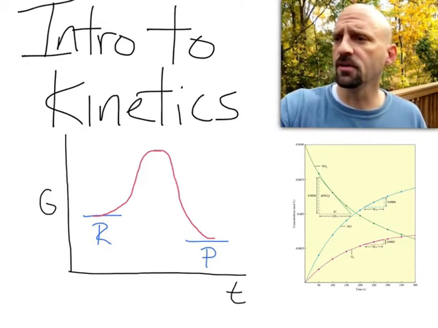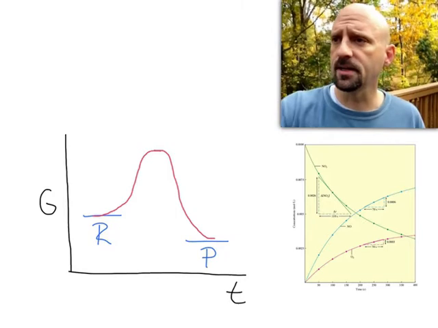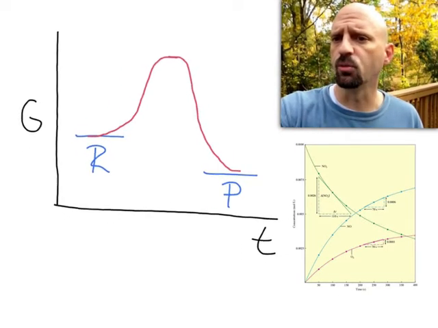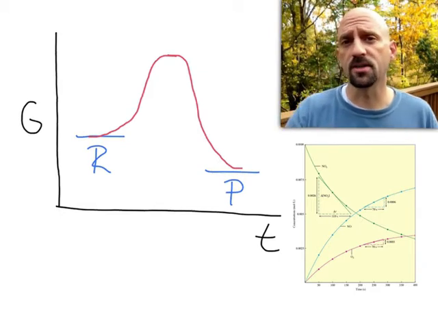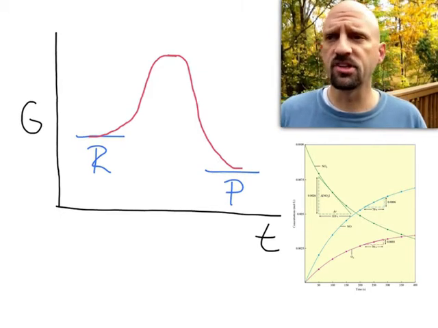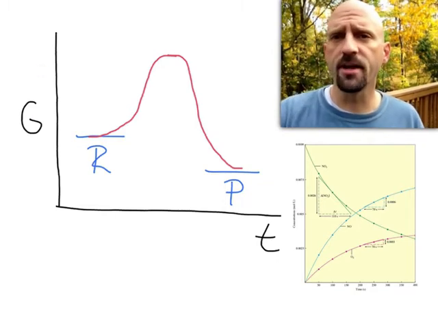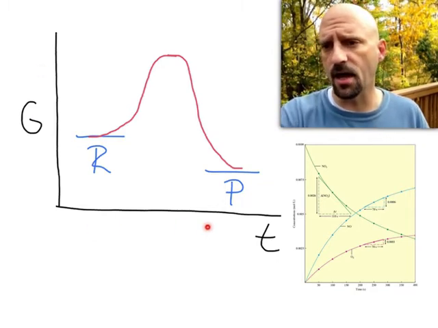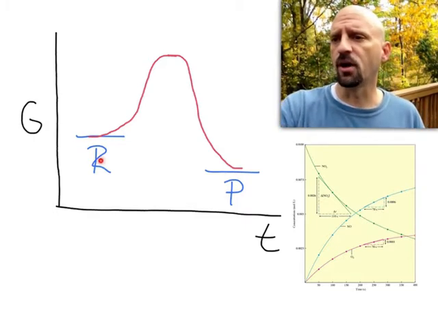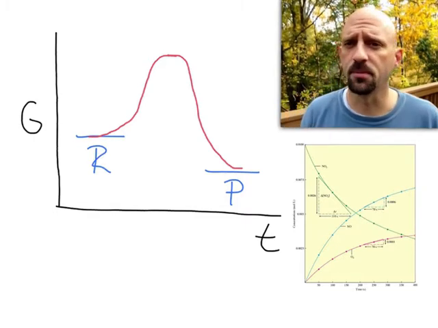Now, just to make a little space here, I'm going to go ahead and get rid of my title, and I'm going to zero in on this chart here, which we saw quite a bit when we talked about thermodynamics. So now that we understand thermodynamics, we have free energy on our y-axis and time or extent of reaction on the x-axis. We have our reactants that eventually turn into products.